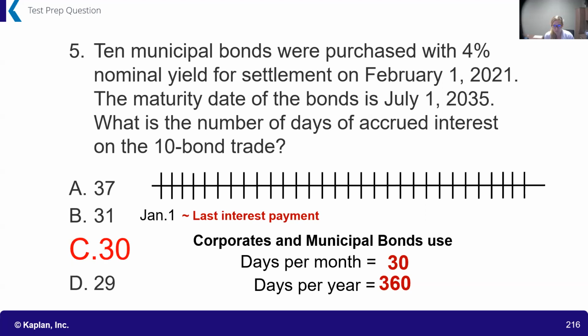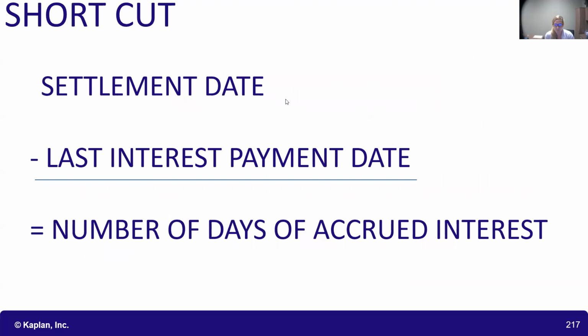Now, another way you could do it, let's see if I have the shortcut here. I do. If you want to use the shortcut, this is just a shorter way to do it. You would take the settlement date. In our example, the settlement date was 2/1, February 1st.